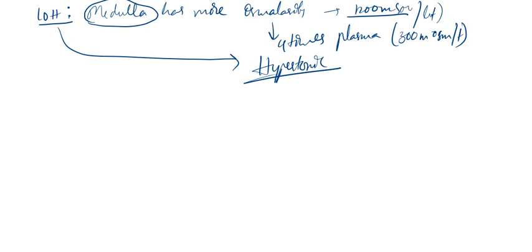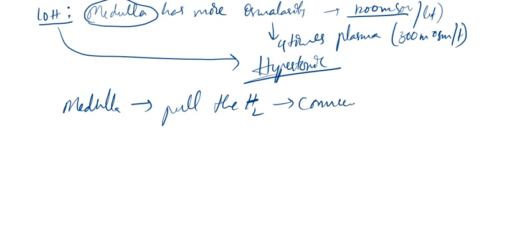The medulla will pull the water that is present in the urine and make a concentrated hypertonic urine, up to 1200 milliosmoles.